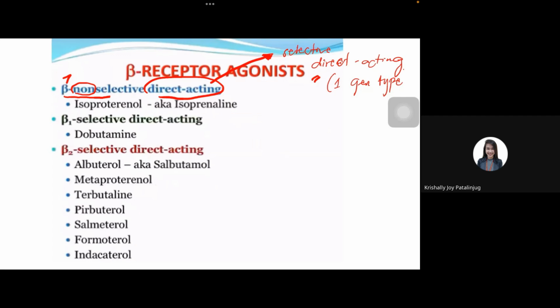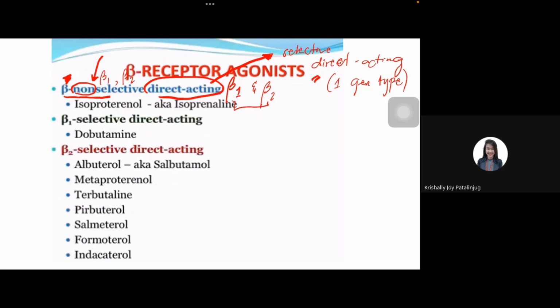Only beta receptor. What makes it non-selective here? Non-selective because it could specifically activate beta 1 and also beta 2. That makes it non-selective here, being a beta agonist, being a beta stimulator.